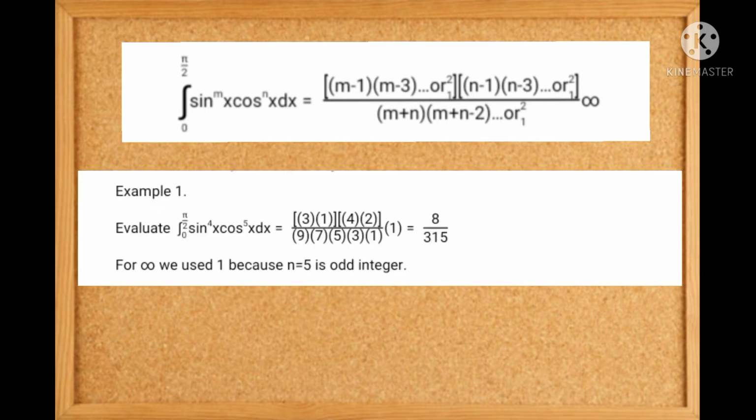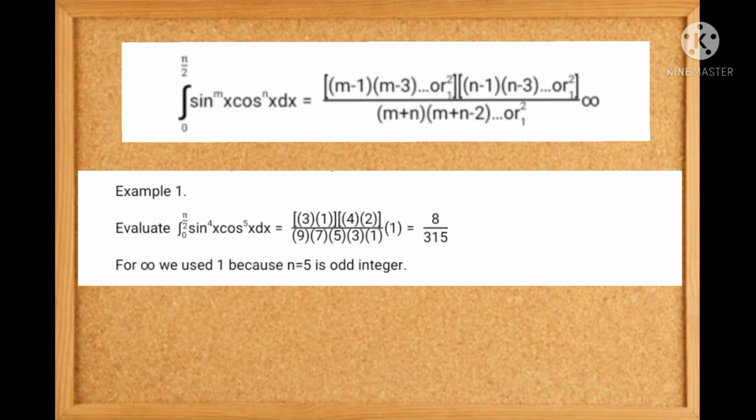Example 1. Let's evaluate the integral of sin to the 4th x cos to the 5th x dx with the limit of 0 to pi over 2. Based on the Wallis formula, m minus 1 is 4 minus 1, equal to 3, until it reaches 1. Same as n minus 1, which is 5 minus 1, equal to 4, until it reaches 2.